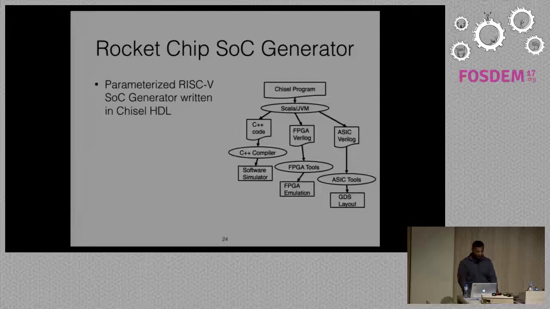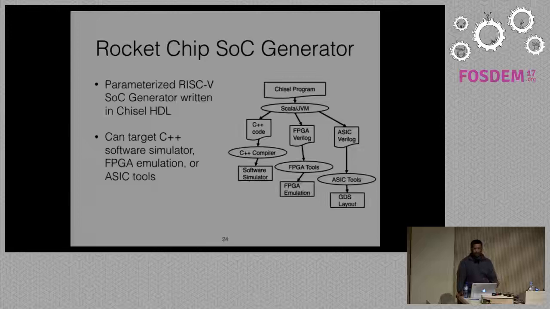You can target a C++ software simulator, which is basically an executable that simulates your RISC-V core. You can target an FPGA by targeting the FPGA tools, for instance, your Xilinx tools. Or you can target some of the ASIC tools like Synopsys or Cadence.